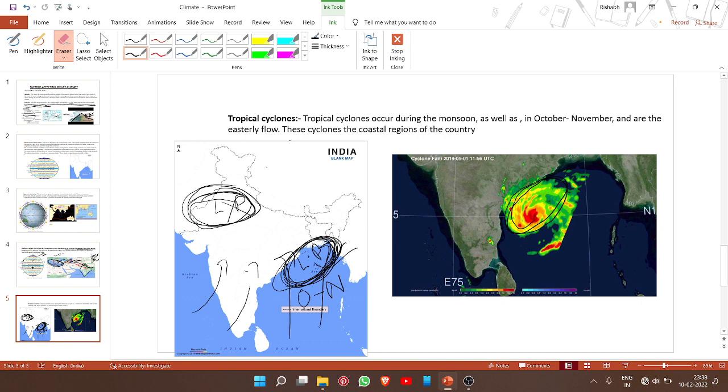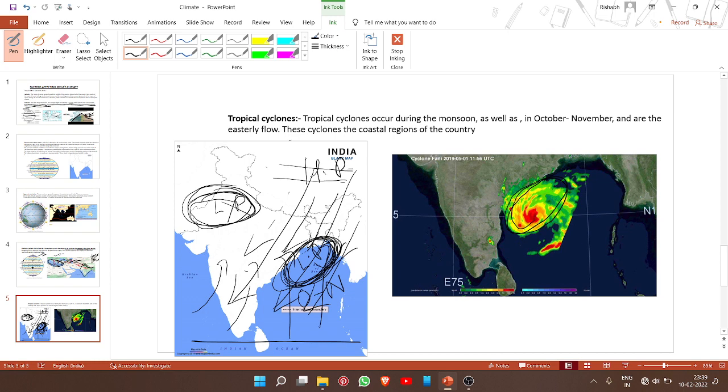It is easterly flow because the low pressure is already generated in its own area, then it starts blowing in this direction. If high pressure is here and low pressure is here, then the direction of wind will be like this, as usual, as it was earlier before the advancing monsoon. So you can write the notes and complete the point.